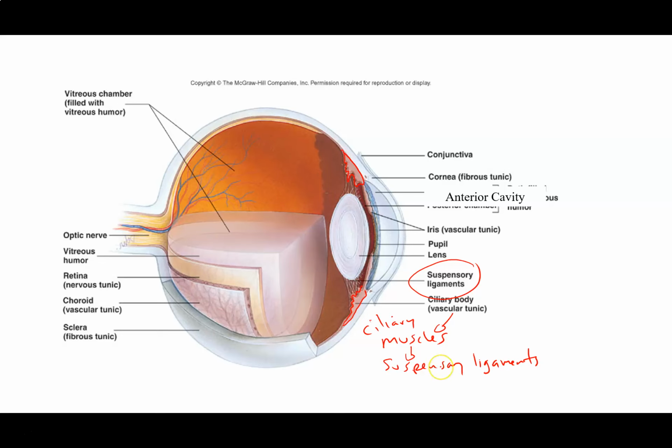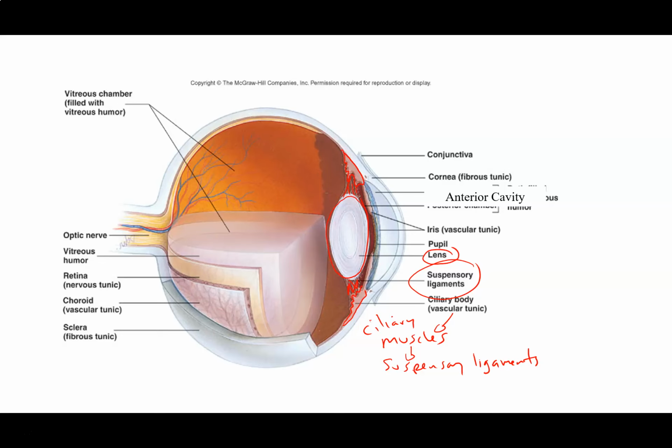And the suspensory ligaments, if you can see here, these little strands, connect to this structure right here, which is the lens. The lens is what focuses or accommodates light as it enters the eye and focuses it on the retina, as we'll discuss in just a little bit.